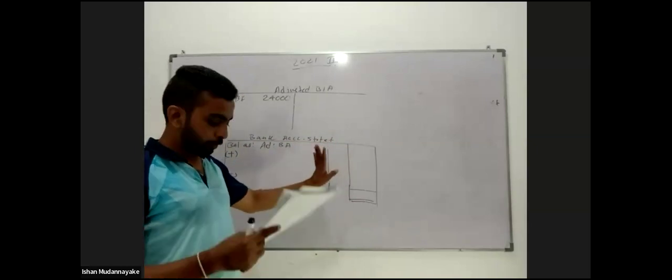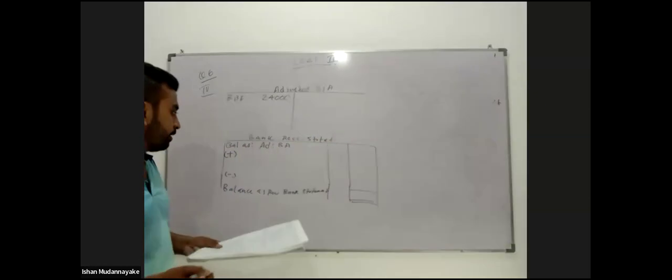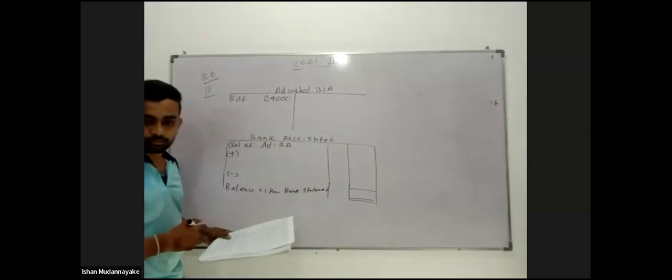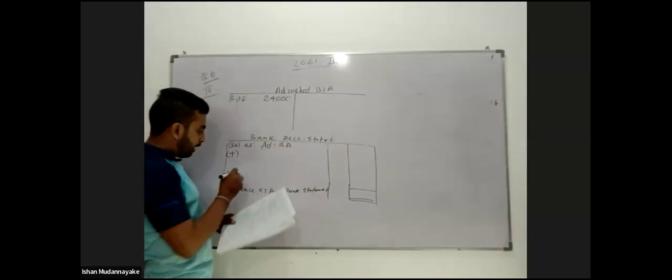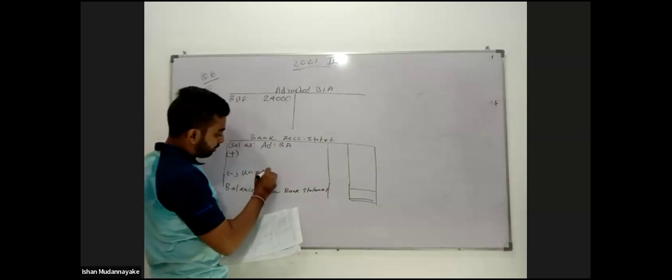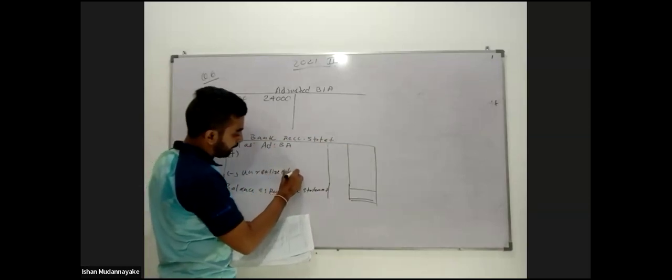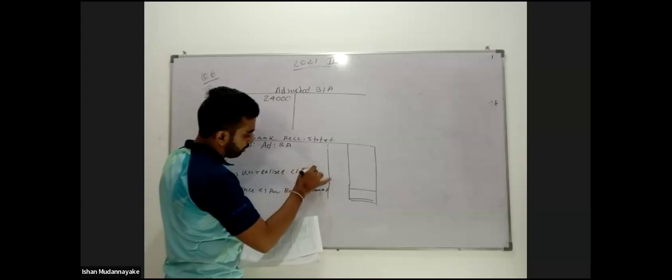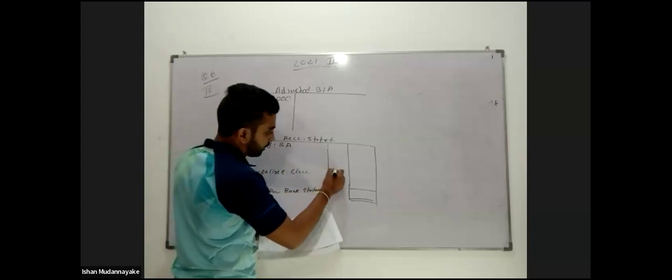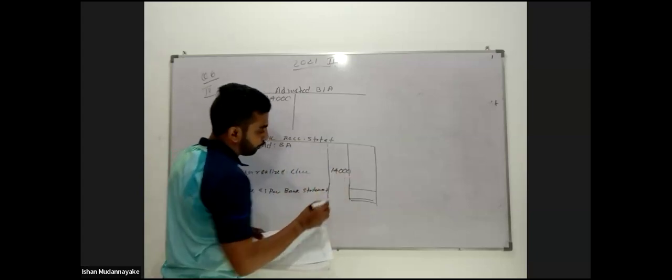We have added, then deduct. Unrealized check, 40,000 minus.